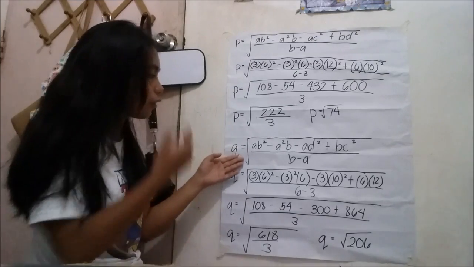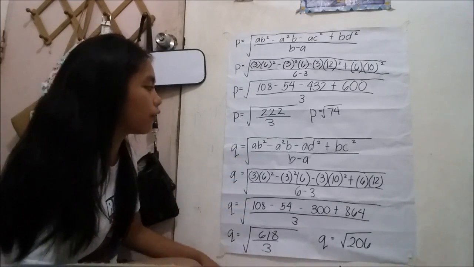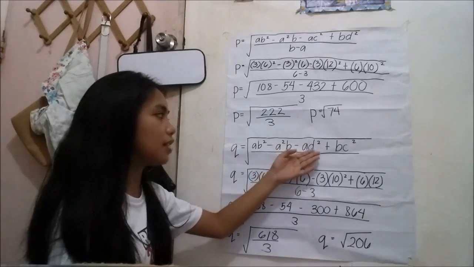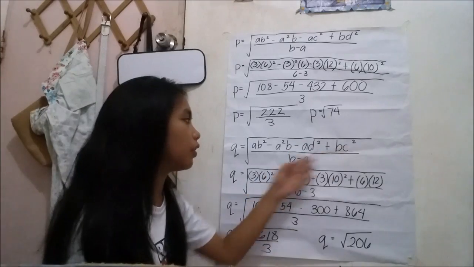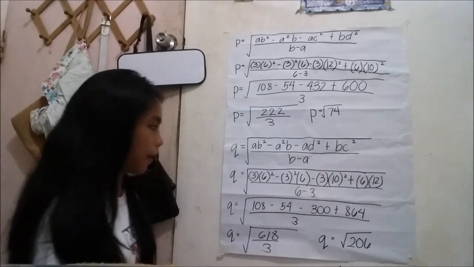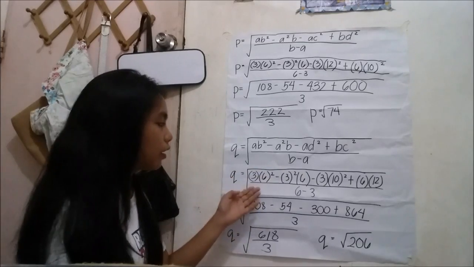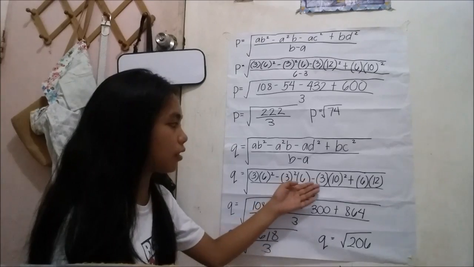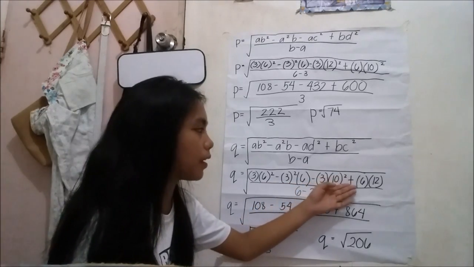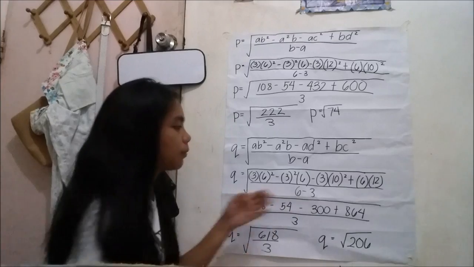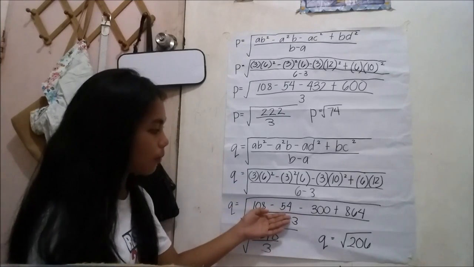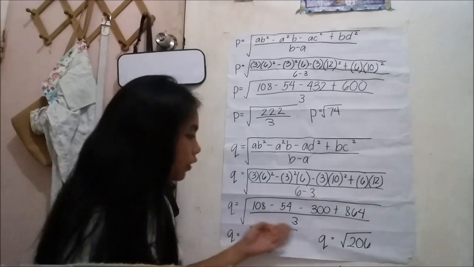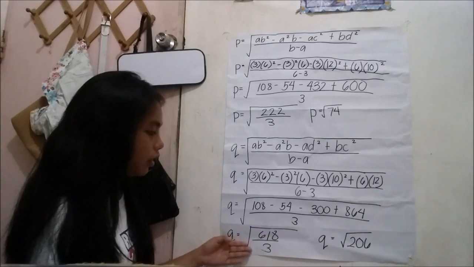Q is equal to the square root of AB squared minus A squared minus AD squared plus BC squared all over B minus A. Q is equal to 3 times 6 squared minus 3 squared times 6 minus 3 times 10 squared plus 6 times 12 all over 6 minus 3. So 108 minus 54 minus 300 plus 864 all over 3 is 618 all over 3.